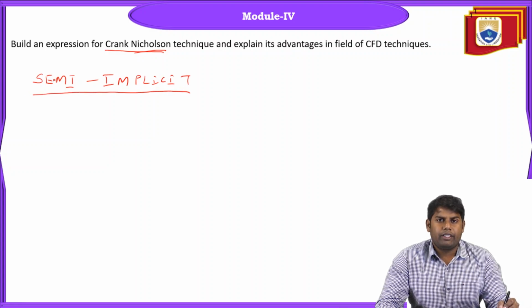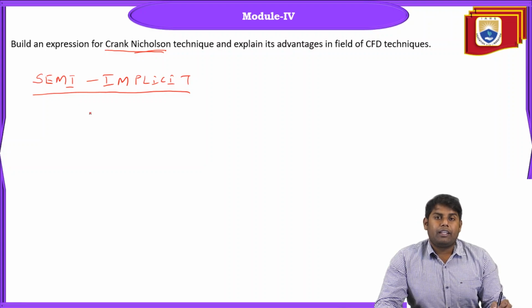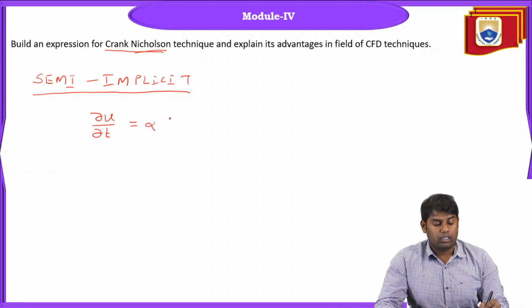So why is it called a semi-implicit scheme? What is implicit and what is explicit? Let us take one example and see what the implicit and explicit schemes are first. Let us take a 1D unsteady diffusion equation, which is dou u by dou t equal to alpha dou square u by dou x square.